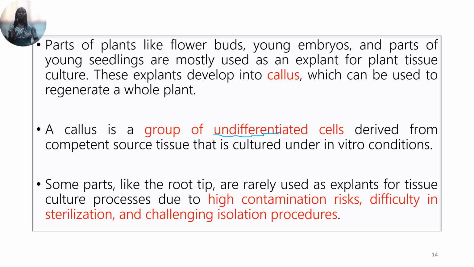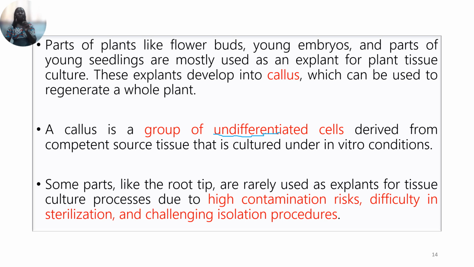It has not turned into roots, it has not turned into shoots, it has not turned into a plantlet. It is just a mass or a group of undifferentiated cells that are ready to turn into anything, depending on how you play around with the composition of the nutrient medium.